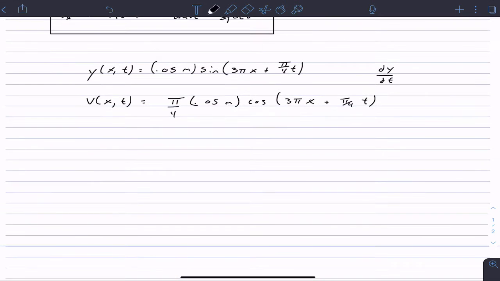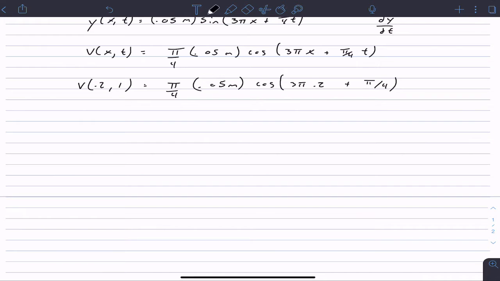Then we just plug it in: x is 0.2 and t is 1 second. That gives us 3 pi times 0.2 plus pi over 4. Plug that into a calculator and we get a value of negative 0.035 meters per second, y hat.